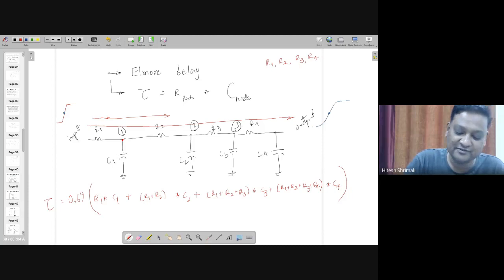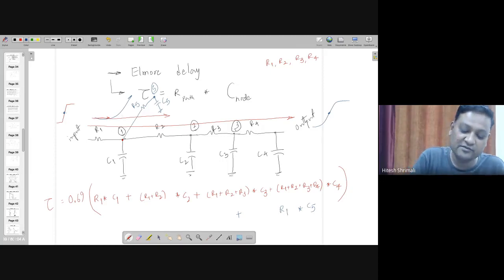And of course, sometimes it happens that you may have some extra structure at a particular node. So you need to include those also. Like if you have one more branch which is like this, which has R5 C5, then for node 5, there is a capacitance C5, and the effective resistance on this path is equal to R1 only.